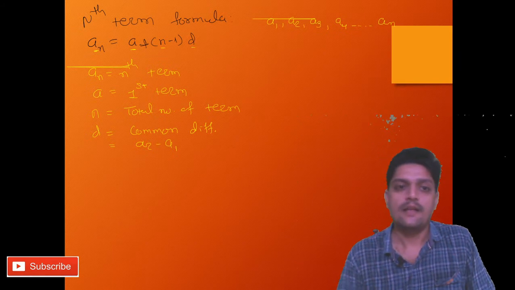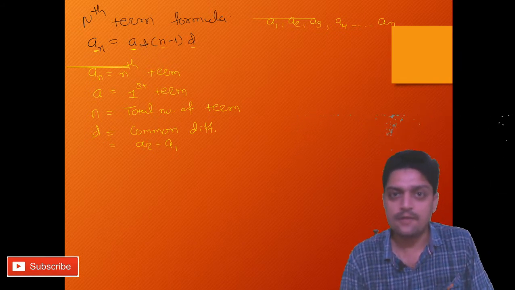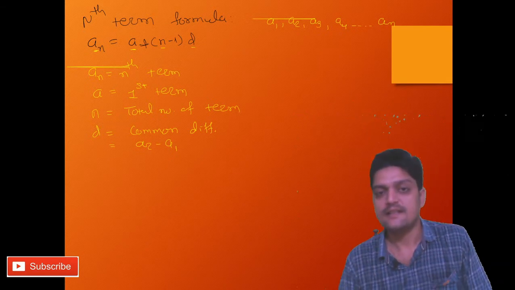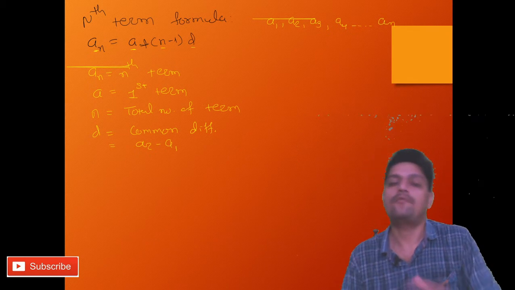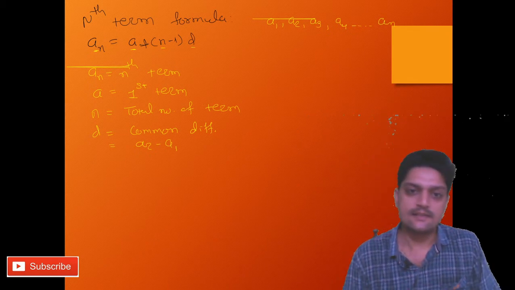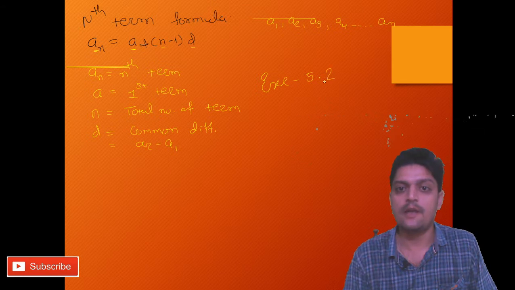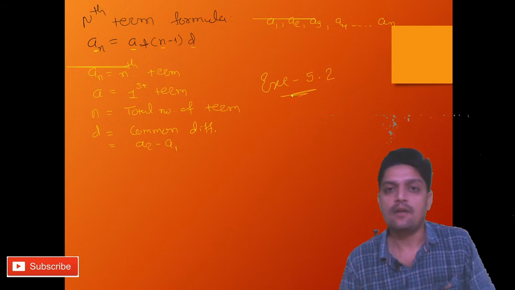As I informed you, there are four unknowns; out of the 4 unknowns, any 3 details they will give, and the 4th detail you have to find. All this we have seen in exercise number 5.2. Exercise 5.2 totally depended on this.